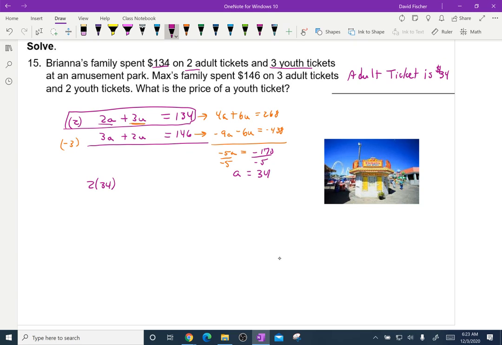2 adults are 34. $66. Okay, so it looks like it's gonna be $22 for a youth ticket.